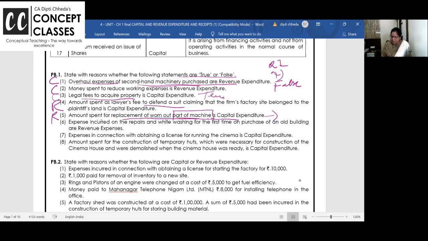So they say it's a capital expenditure. Answer will be false. Okay. It is just a maintenance cost. Write down. Fifth one.